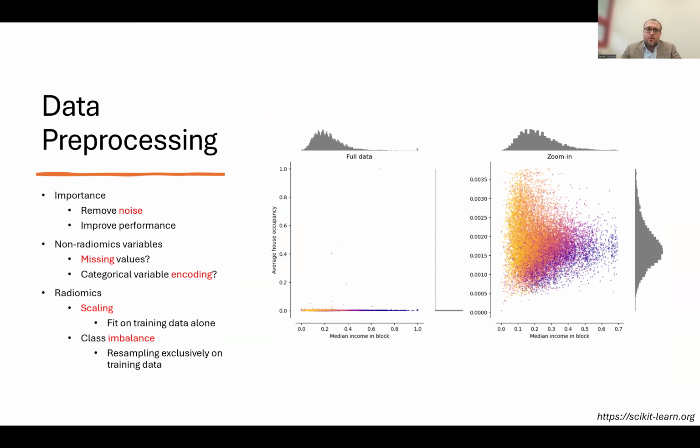So, for quantitative features, we can apply scaling, and this affects both radiomics and non-radiomics data. Or, for non-radiomics data, we can impute missing values, or encode categorical variables. And again, in the example here, you can see how simply rescaling these features can provide a better representation and a clearer division between the classes of interest.